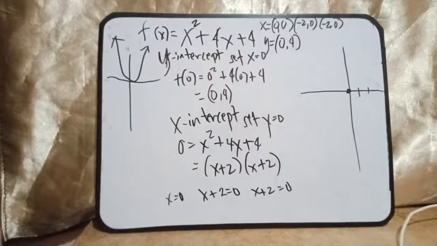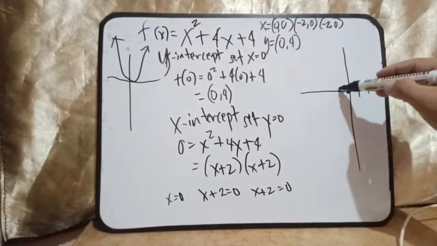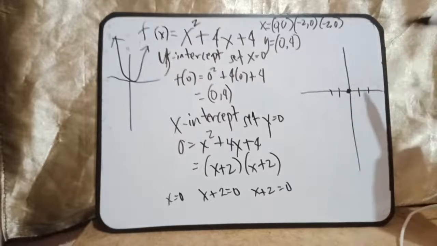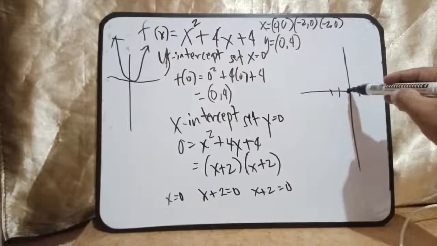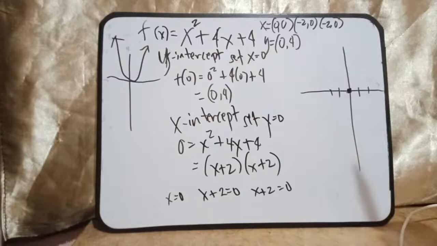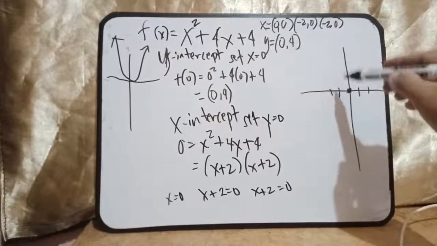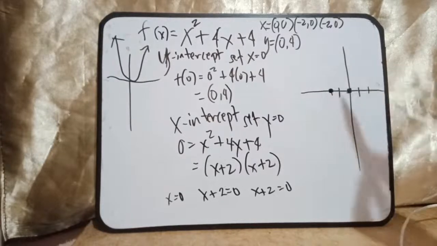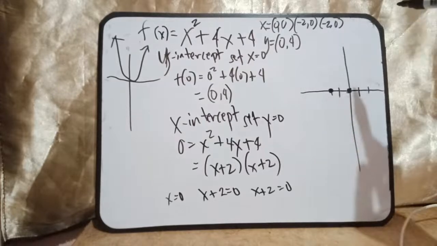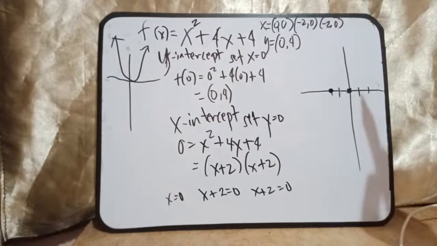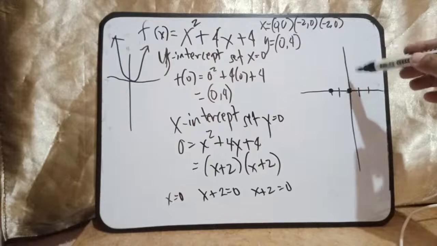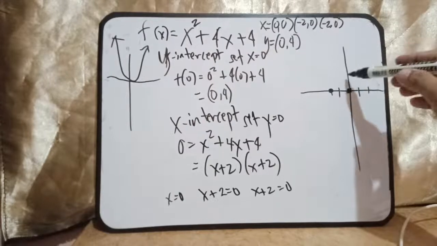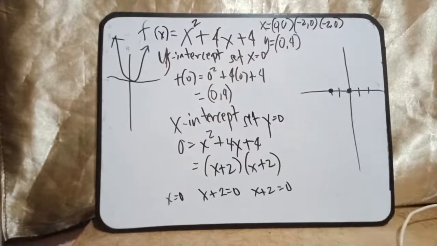Paano to? Say for example, 0, 0, plot natin yan sa gitna. So, what about negative 2? Dalawa yung negative 2. So, dito lang siya ilagay. Ay, actually, wala pala siyang 0.